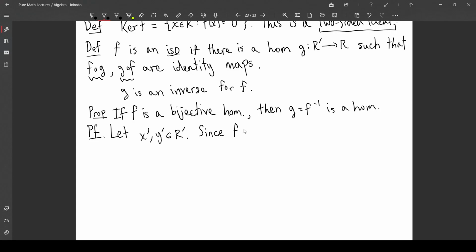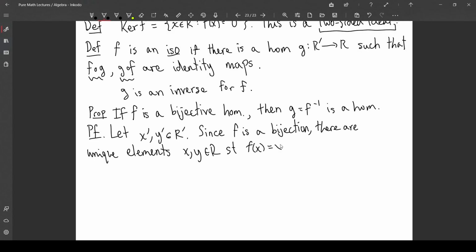Since F is a bijection, so again, a bijection between two sets, in this case R and R prime, means that there are unique elements X and Y in R such that f of X is equal to X prime and f of Y is equal to Y prime. Okay.